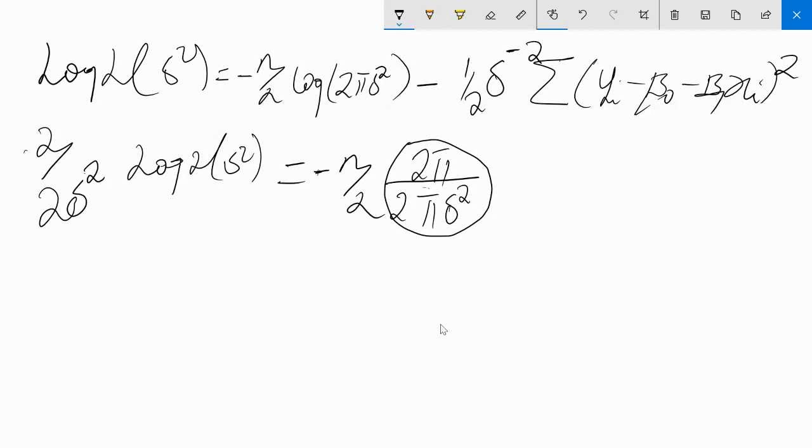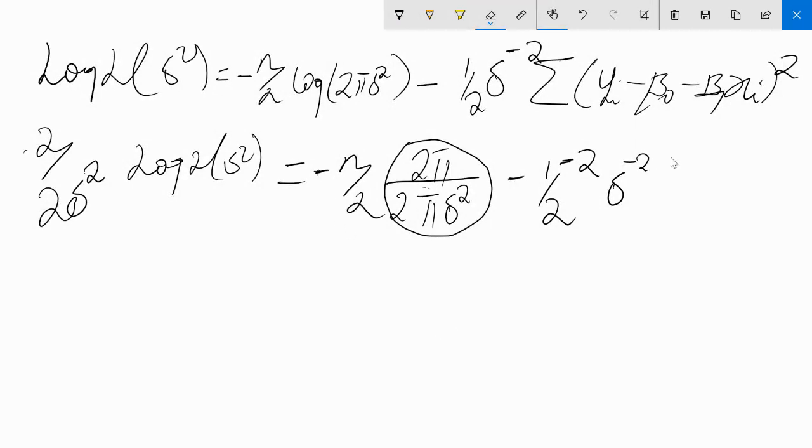Then we move on to the next term. Now, we have minus 1 over 2. The partial derivative of this with respect to sigma squared, this is minus 2. So we are going to have minus 2 sigma to the power minus 2, which is minus 4.